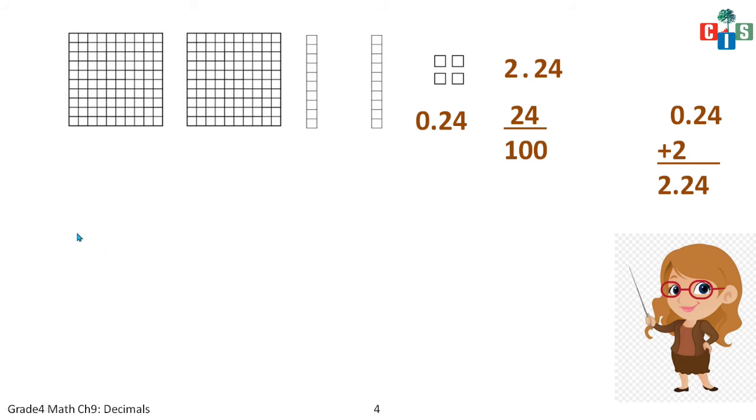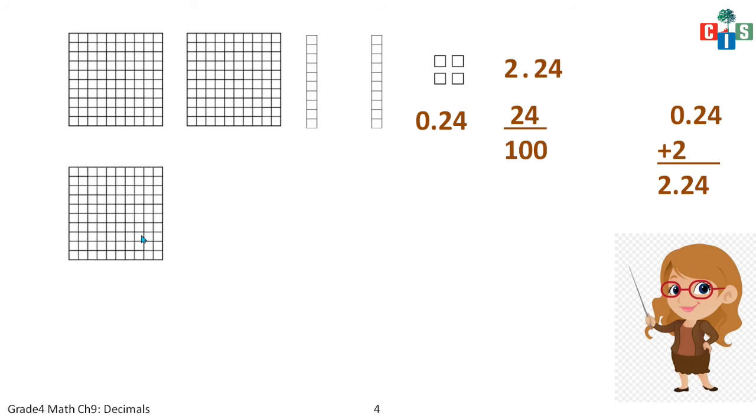Fine. Now let's take another example. This is 1 block, the value of 1, so I will write 1. And this is one small block, that is 1 block out of 100 blocks. So 1 for the whole part, and it is having 1 out of 100.